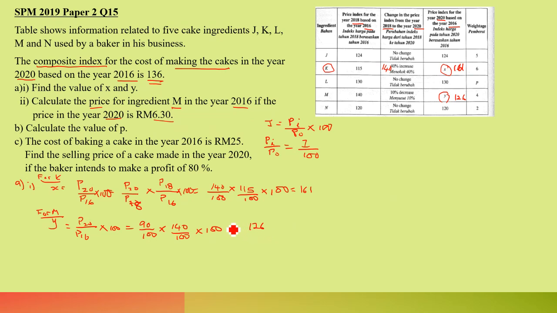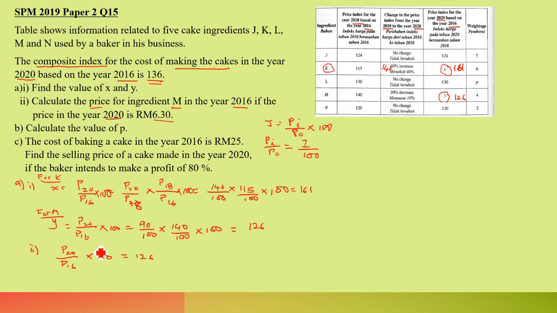So for your second part, you have P20 to P16, for item M, times 100, which equals 126. We already found it from the first part. So now what we need to do is put in the price. The price for 2020 is $6.30, or ringgit.